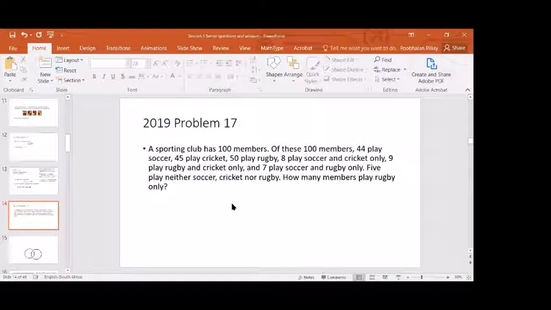Now this is a classic problem where you can draw a diagram to solve the problem. I think we've done this last week. We had one simple diagram, but here this is a little bit more complicated because you've got a lot of information here.